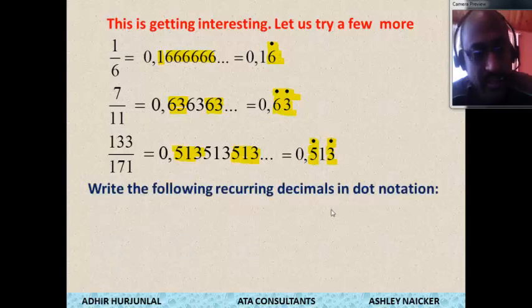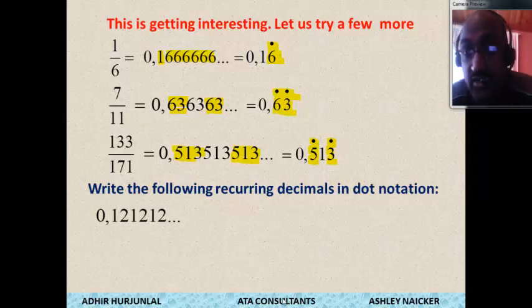Let's go further. Write the following recurring decimals in dot notation. 0,121212. If I have to write this in dot notation, what recurs? The 1, the 2, the 1, the 2, the 1, the 2. And your answer is, in 3, 2, 1, 0,12.